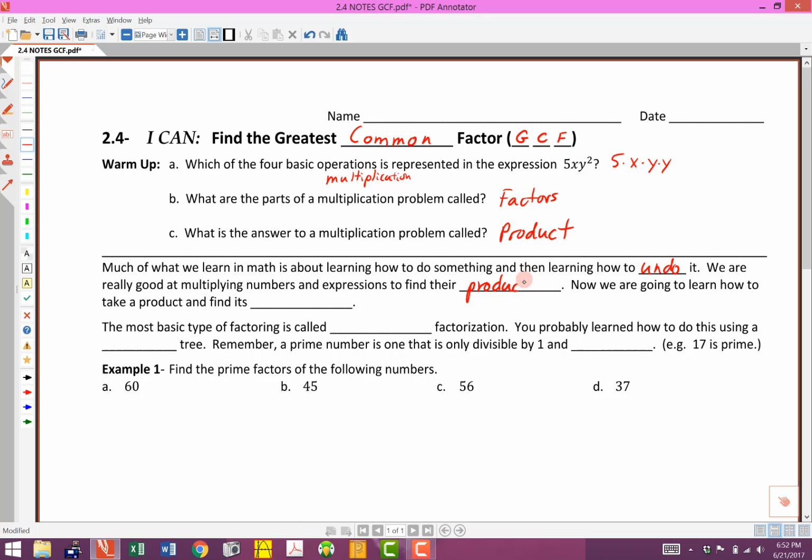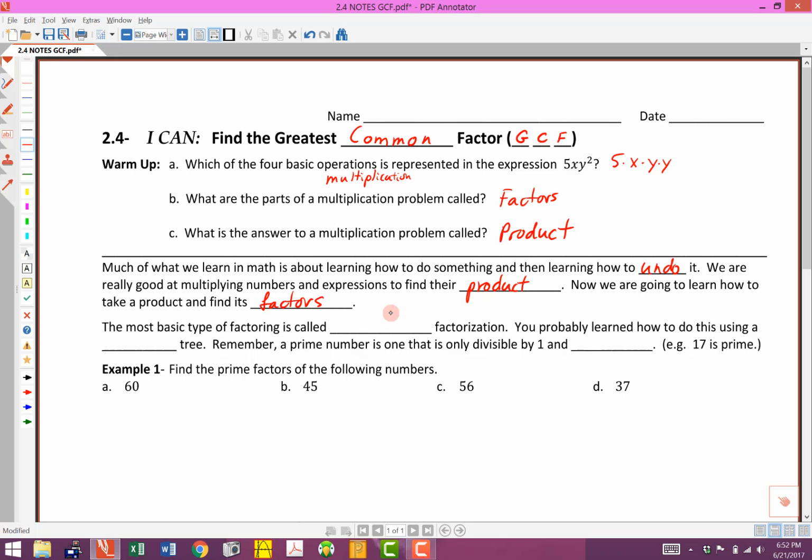That's what we've been doing when we were using the distributive property and things like that. So we're really good at taking the factors and multiplying them together to figure out what the product is. Now we're going to learn how to take a product and find its factors. So we're going to do the opposite. We took factors and figured out what the product is, and now we're going to take the product and figure out what its factors were.